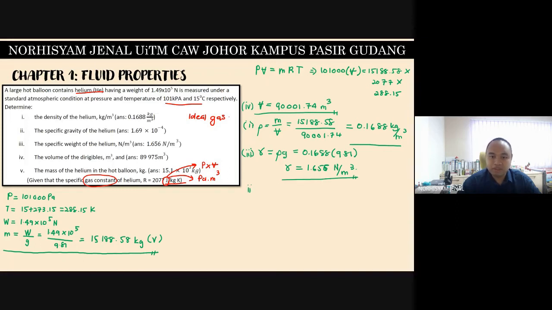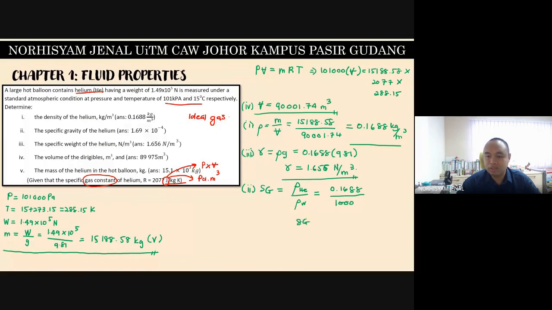And then lastly, we have specific gravity, Sg. It is the density of the helium divided by the density of water. The density of helium is 0.1688 divided by the density of water, 1000.